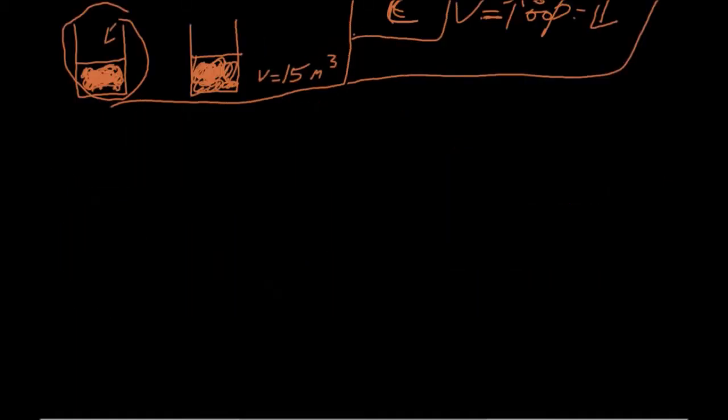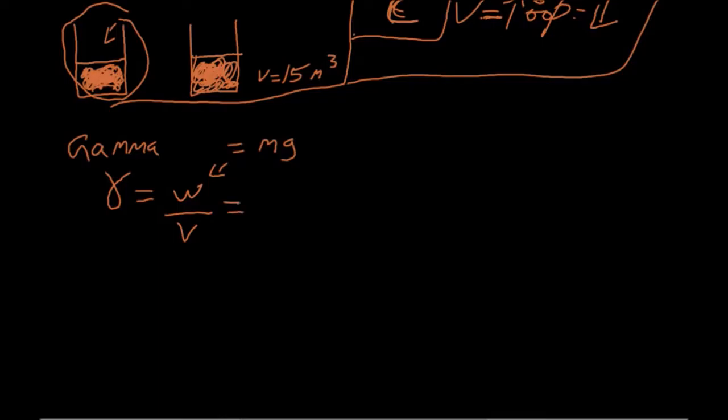Second thing we're going to talk about here is specific weight, and that is also called gamma. Gamma is equal to the weight over volume, and the weight is equal to the mass times gravity.